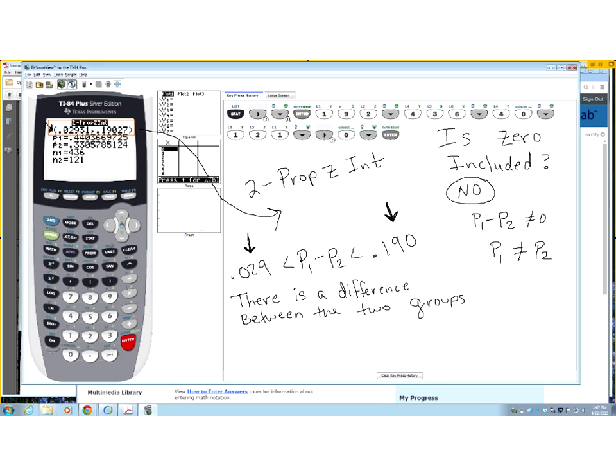All right, so what I'm going to do here is type up a little summary at the bottom.